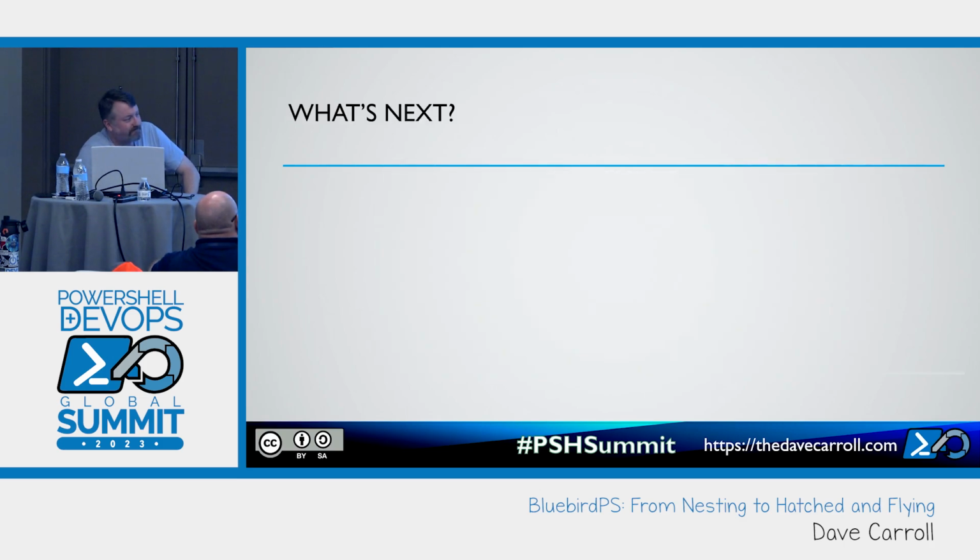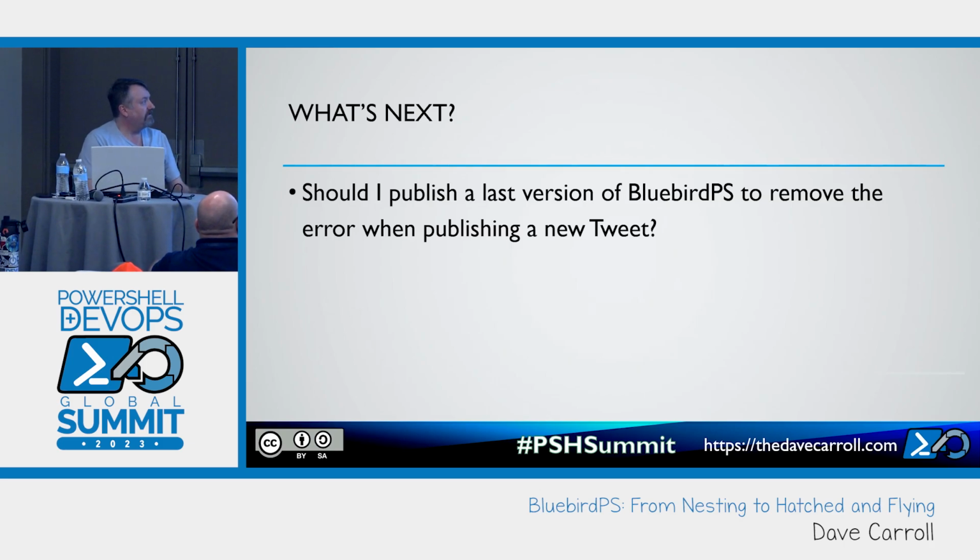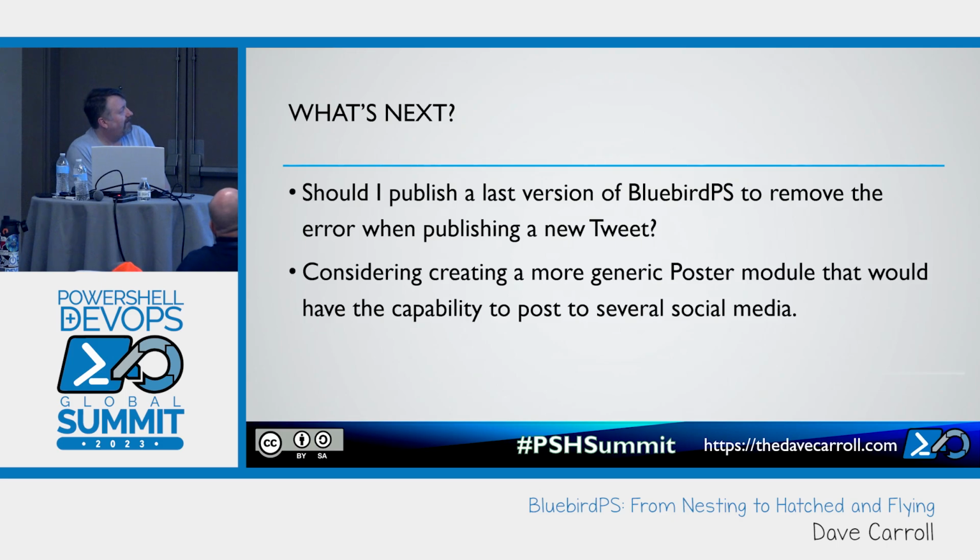So what's next? Should I publish a version, the last version, to remove the error when publishing a new tweet? Maybe. I don't know. I definitely need to update the documentation and things like that. It says, hey, if you're rich, and can afford $100, maybe if you can afford $200, I can assist.